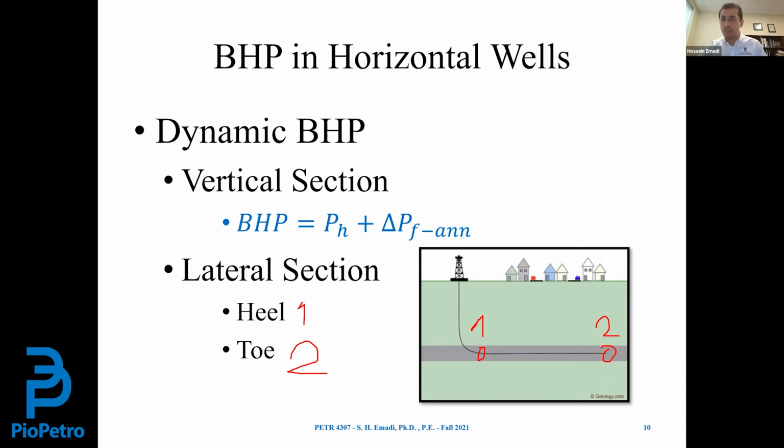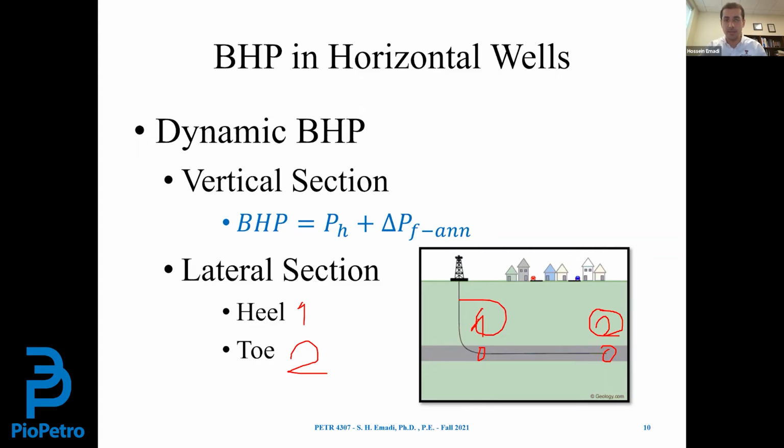However, when we start drilling, during the drilling operation, these two points don't have the same pressure. Obviously, the pressure at point 2 inside the annulus is larger than the pressure at point 1.